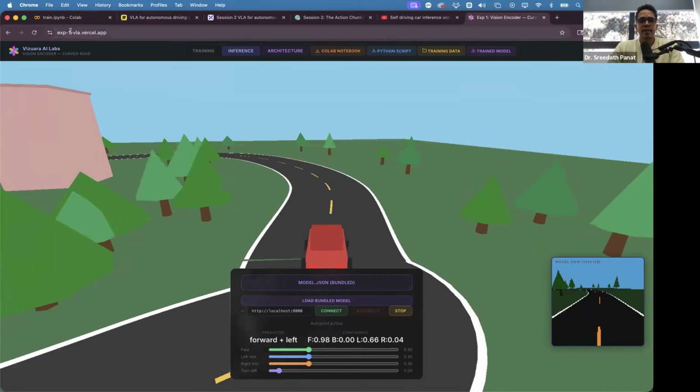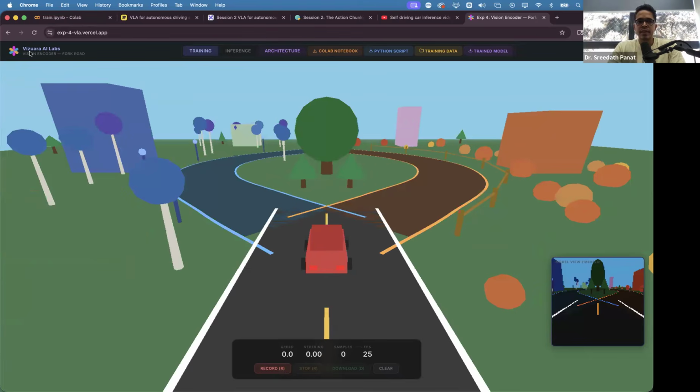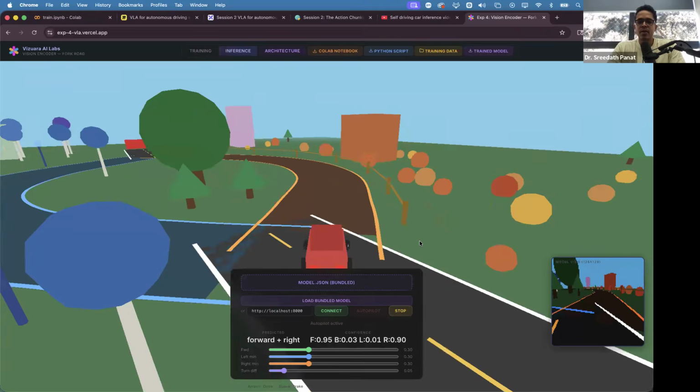And if I go to, I think, experiment number 4, it should be the same version, but on the forked road. So this is now the forked road with only vision encoder. Here I have mentioned vision encoder forked road. And here, if I click inference and load bundle model and then autopilot, you will see that it always takes one of these actions.